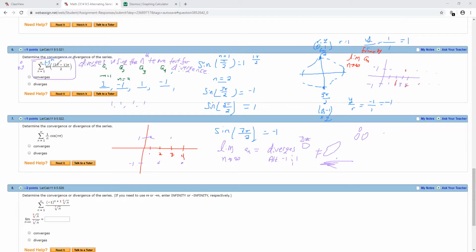If you put infinity in right here, 2 times infinity is infinity, infinity minus 1 is infinity, infinity times pi is infinity, infinity divided by 2 is infinity, and sine of infinity, well, the sine graph just goes up and down forever, so this would diverge. If you did this formally, you would get diverge by the oscillating type.